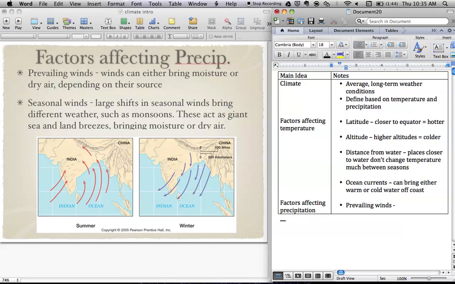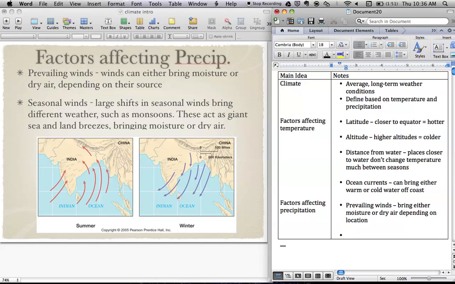These are, again, our polar easterlies, prevailing westerlies, or trade winds, and they can bring either moisture or dry air depending on our location. Right? So if you're somewhere where the prevailing westerlies are blowing from the ocean to the land, you're going to get more moisture than somewhere where those prevailing winds are blowing over land and not bringing more moisture.